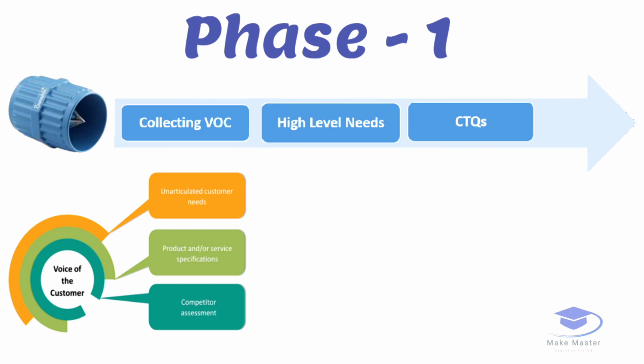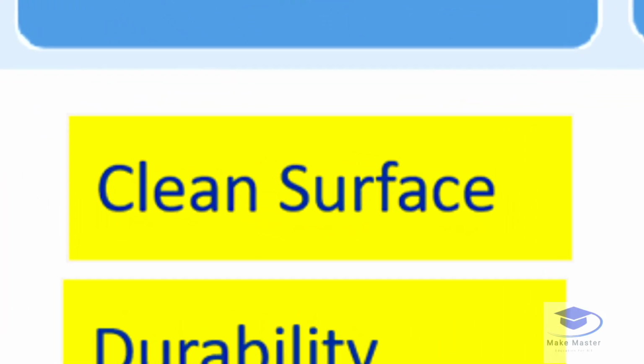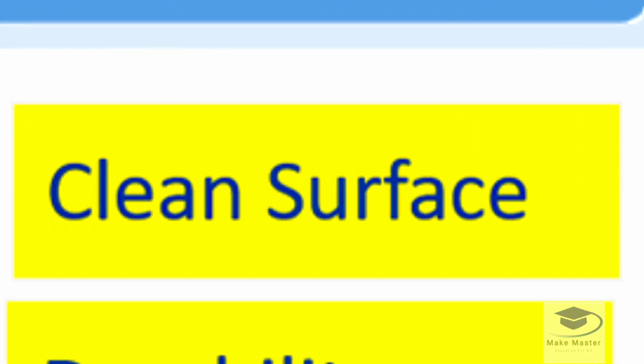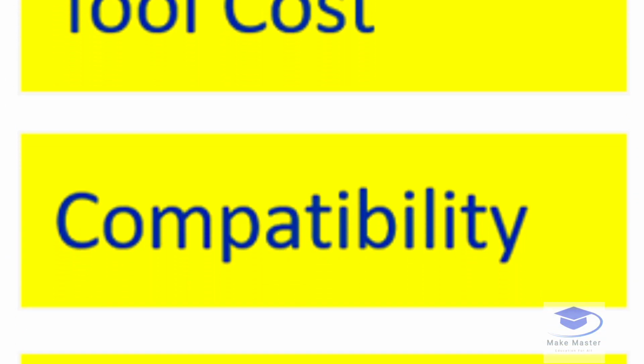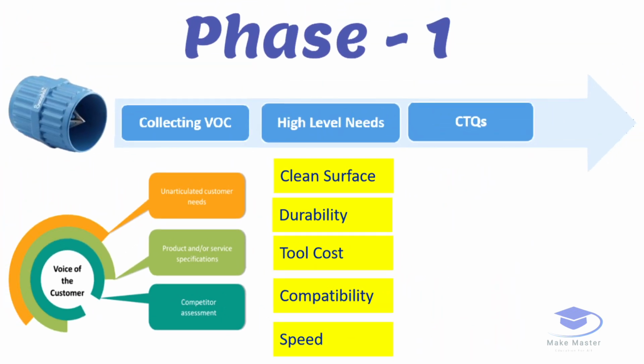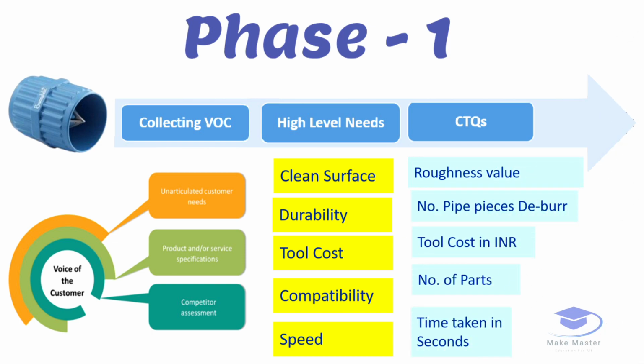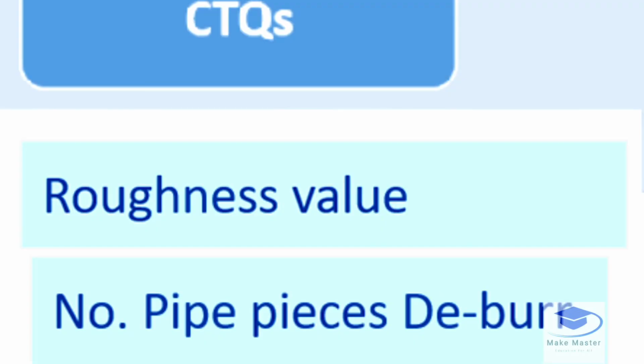For example, for the given hand deburr tool, the high level needs are clean surface after deburring, durability of the tool, tool cost, compatibility, and speed of the tool. After identifying the high level needs, we need to convert them into measurable metrics, which are called CTQs, critical to quality. Clean surface is measured through roughness value.